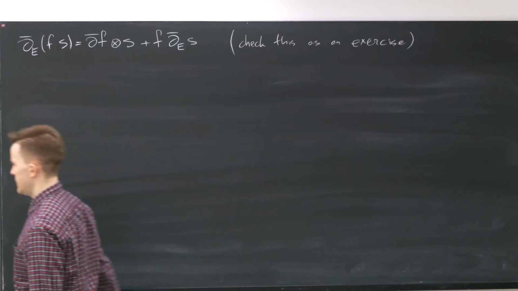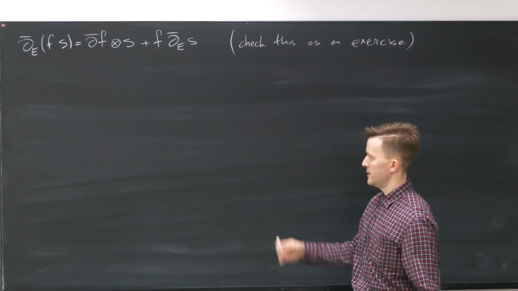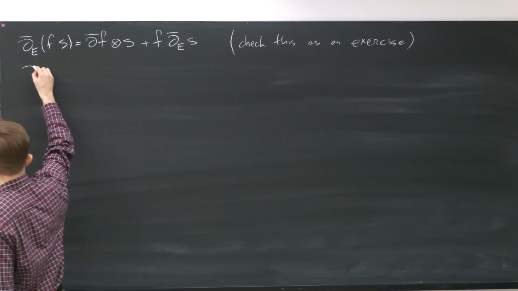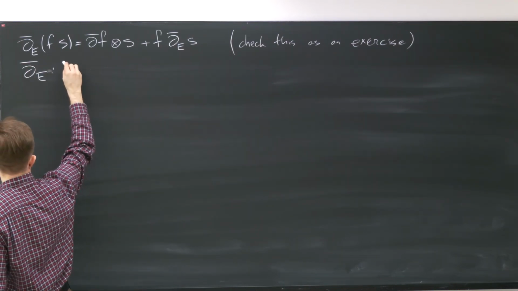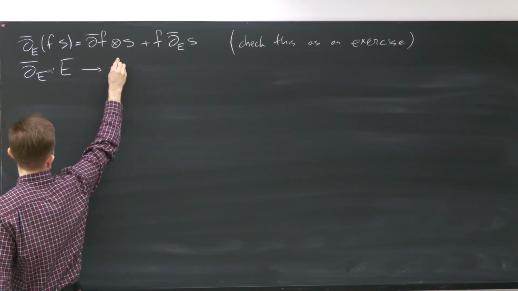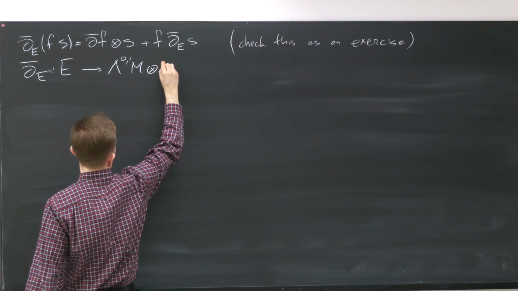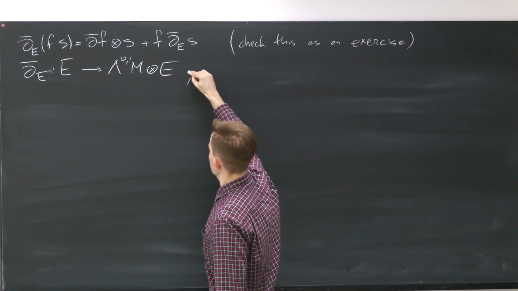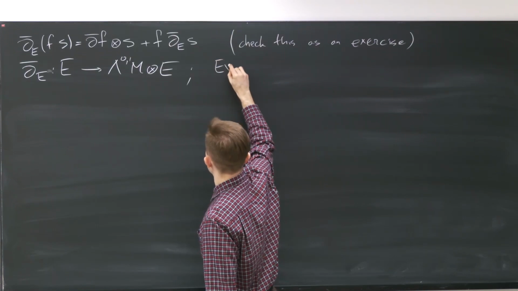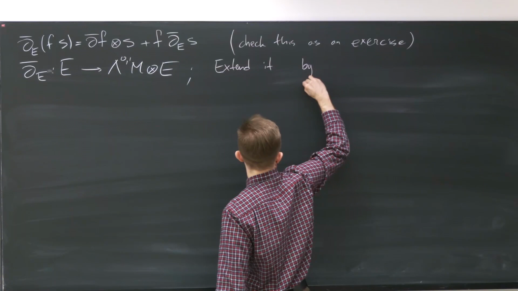But then we can extend this del bar operator. So we have such a well-defined operator. It's a morphism of sheaves of C vector spaces, right? We can extend it by Leibniz rule.